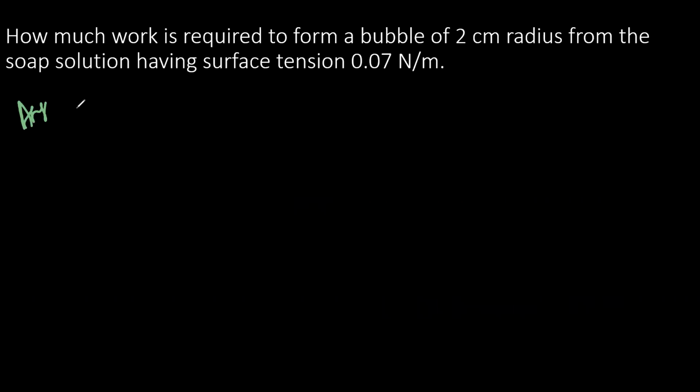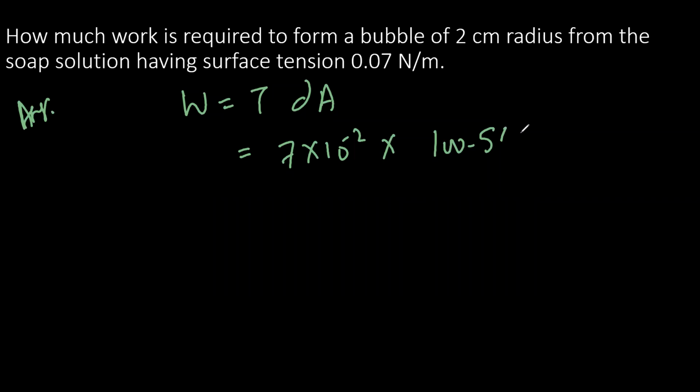So W is equal to T dA. Initial surface area is 0. So write जो हमें दिया हुआ, it's 7 into 10 raised to minus 2, और ये कितना है, 100.544 into 10 raised to minus 4.